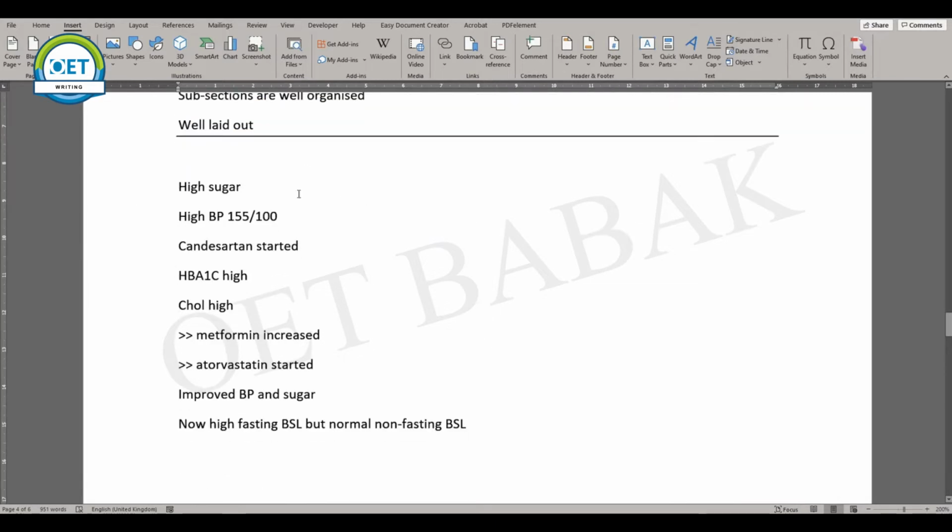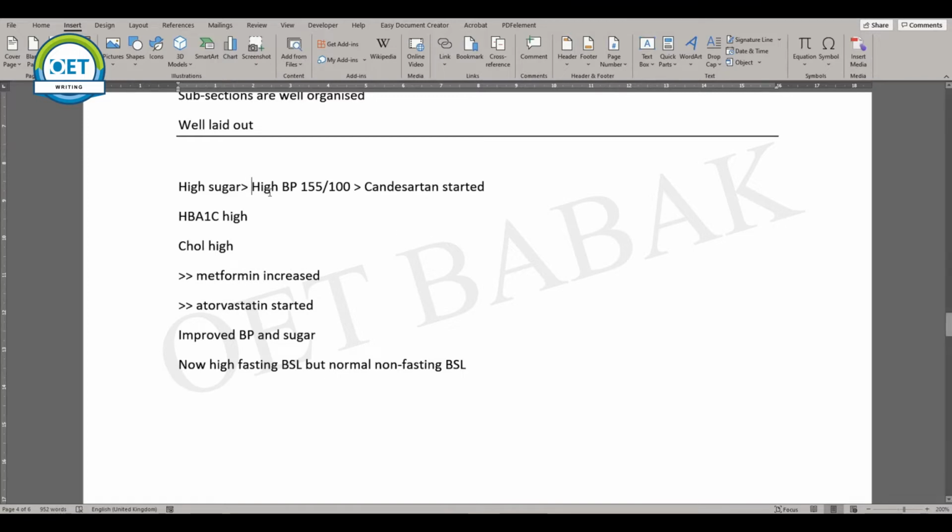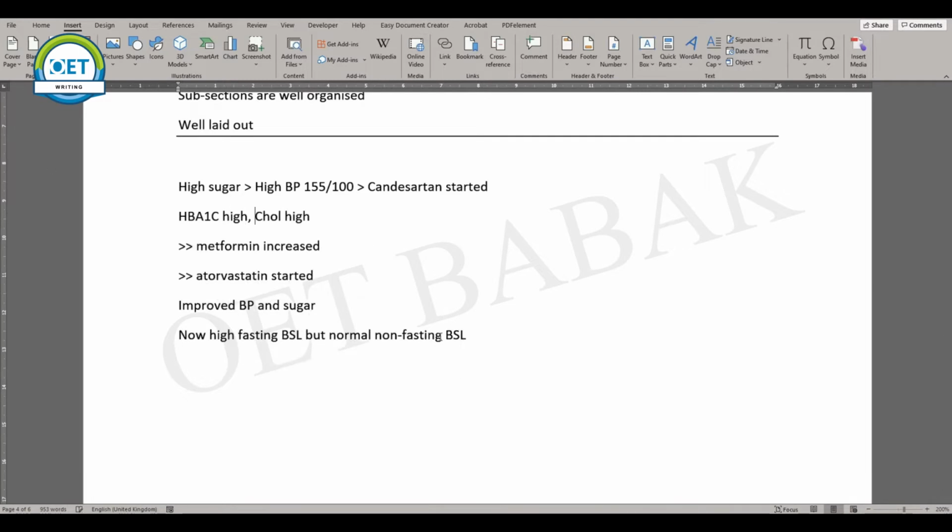Now, what is the best logic here? What you did was chronological. You said this is the presentation. The first visit, she came in, and then she had high blood pressure. Then she was started on candesartan. In the next visit, her HbA1c was high, her cholesterol was high.